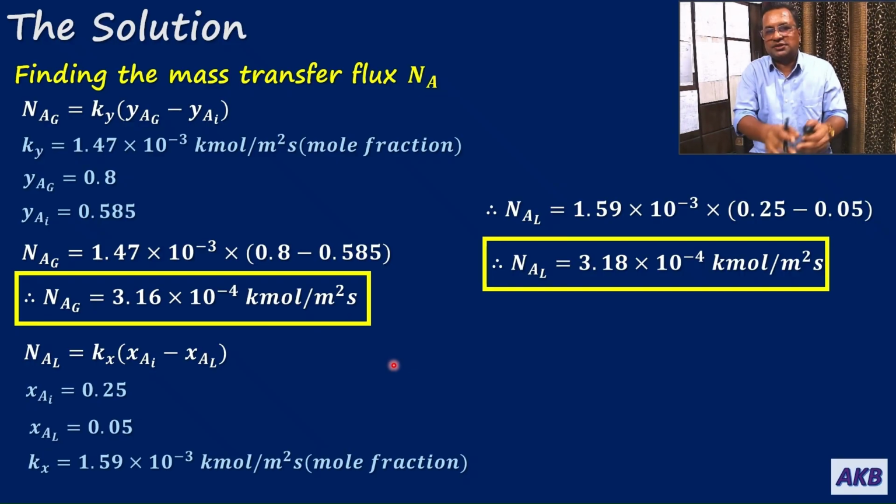We have got the interfacial concentrations, and then we got the mass transfer flux. With this, I will end my discussion for this video lecture. I hope you have learned how to find out the interfacial concentrations and the mass transfer flux in interphase mass transfer when equilibrium data is given to us.